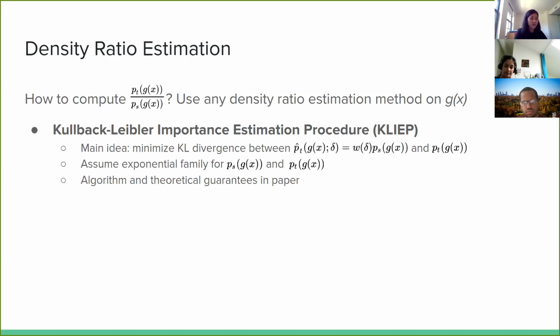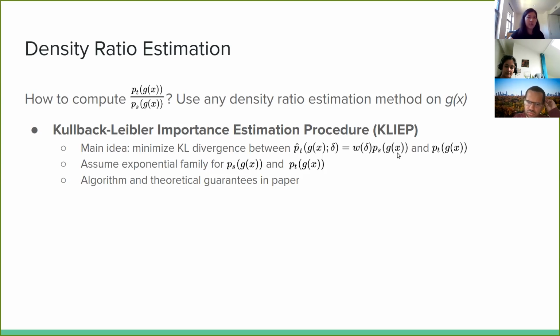This is a pretty well-known procedure, but the main idea here is to construct a distribution p hat, which is equal to some parameterized weight function, this W of delta, times our source distribution. And we're going to minimize the KL divergence between this p hat and the target distribution.